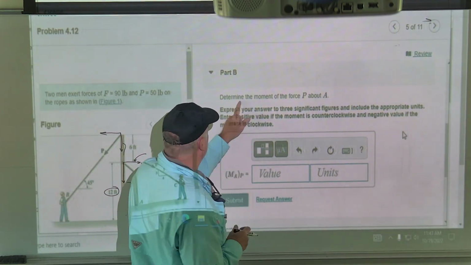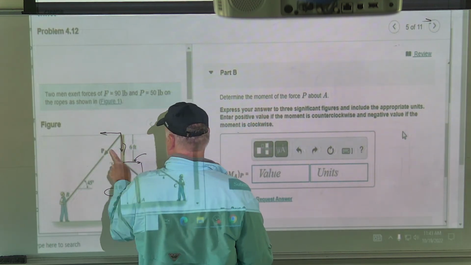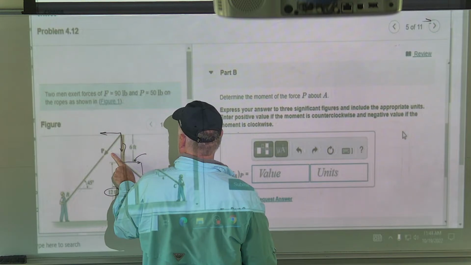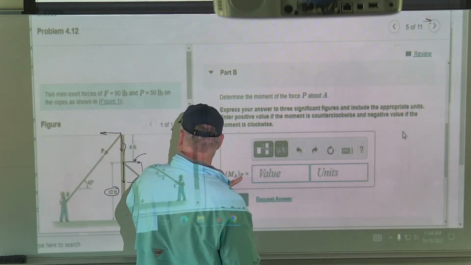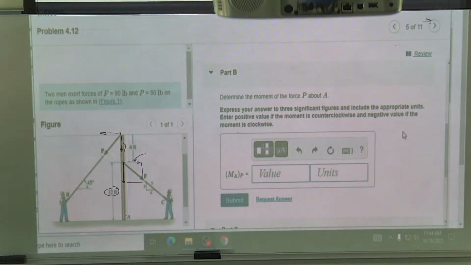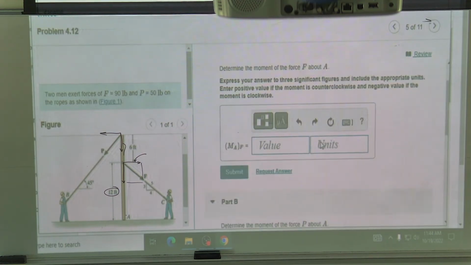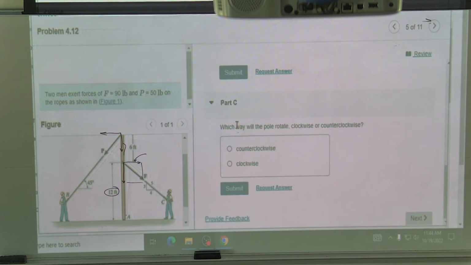Okay, determine the moment of force P about point A. Okay. Wait a minute. So this is P. Is the other one F? Oh, it is. So he wants to know the moment of one and then the moment of another. Which way will the pole rotate, clockwise or counterclockwise?